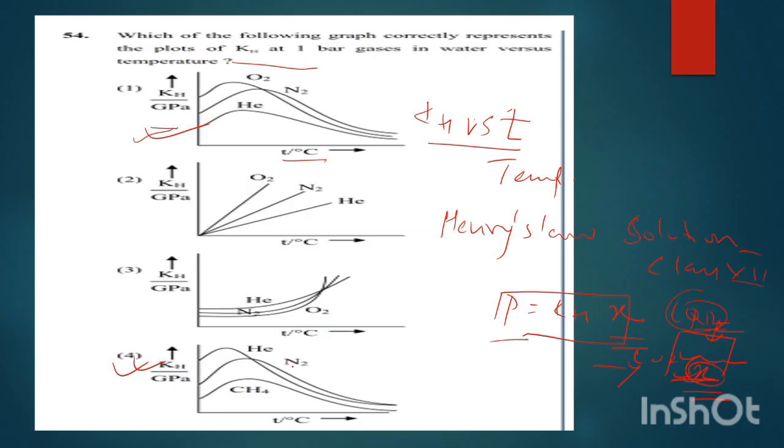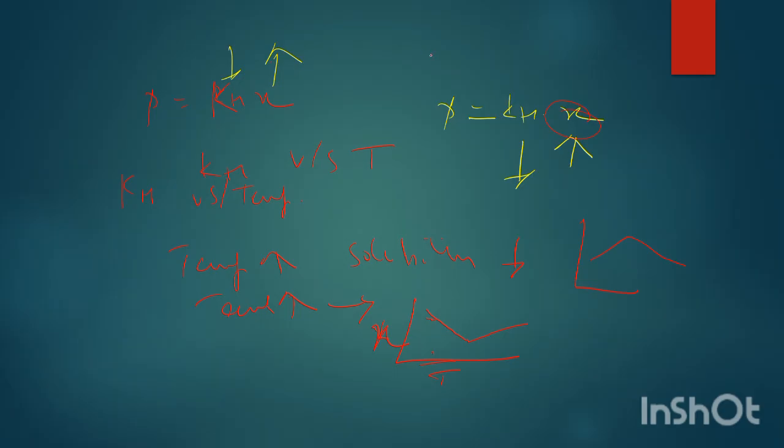Then let us see the gases helium, nitrogen and CH4. Here it is oxygen, nitrogen and helium. So how will KH vary? For them, KH depends on solubility.